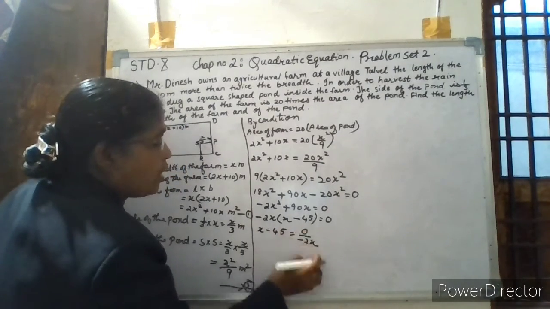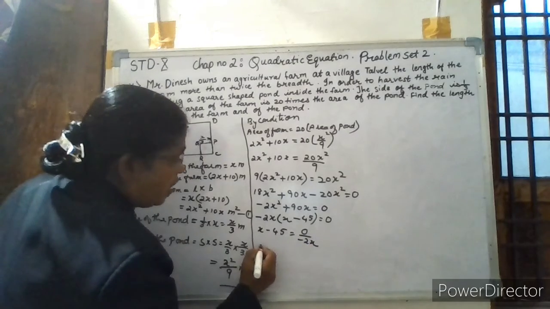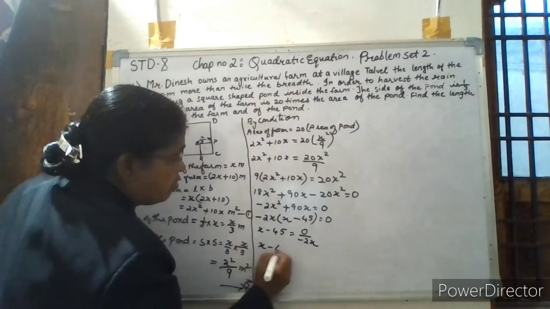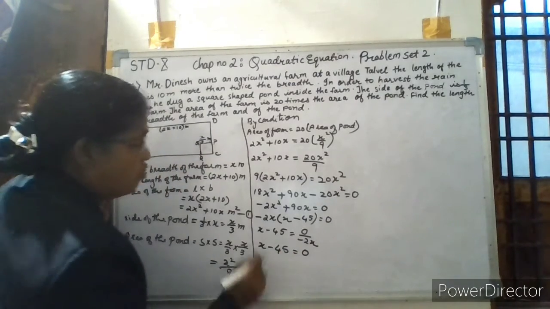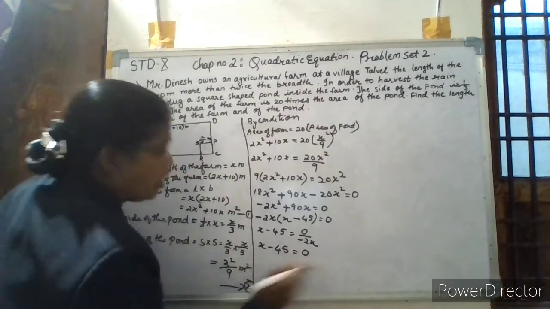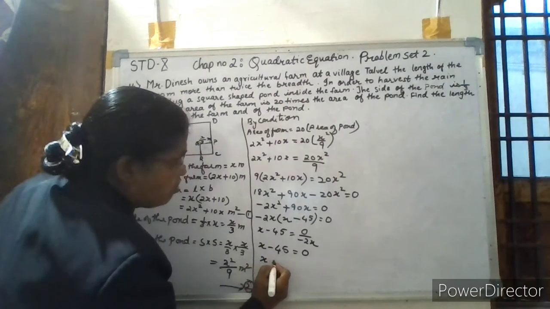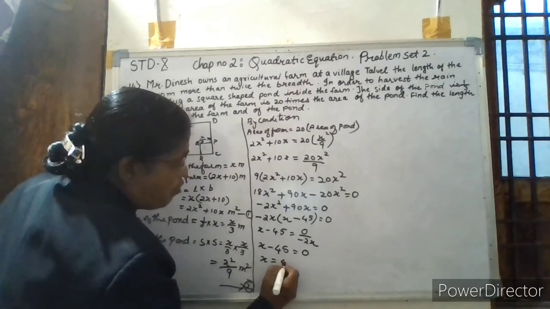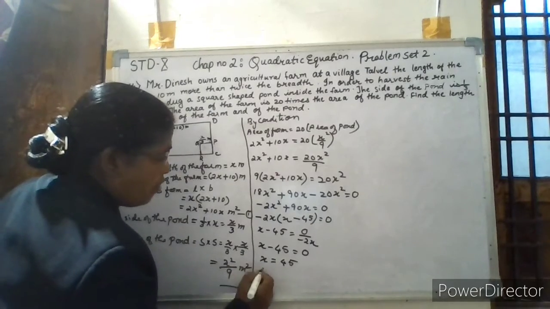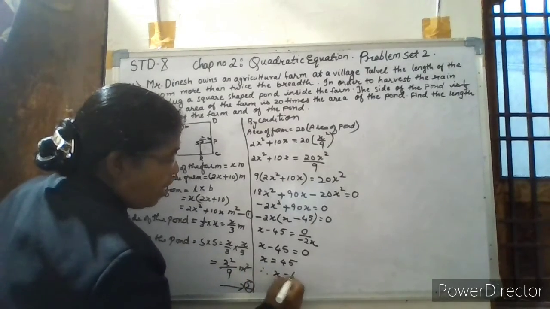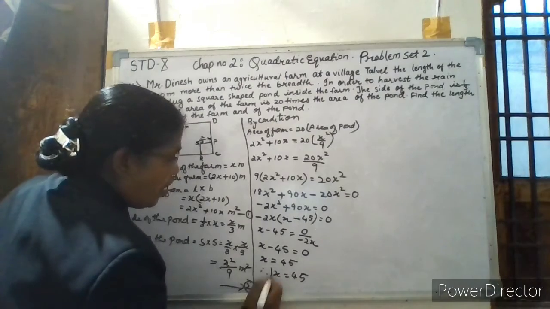Anything divided, 0 divided by anything, the answer is equal to 0 only. So we have x minus 45 equal to 0. So x is equal to 45. Therefore directly we got the value of x equal to 45.